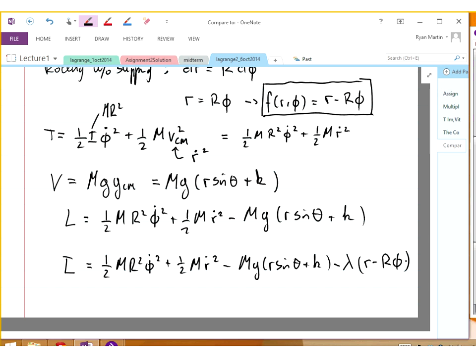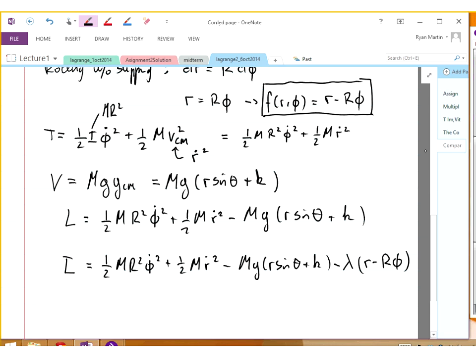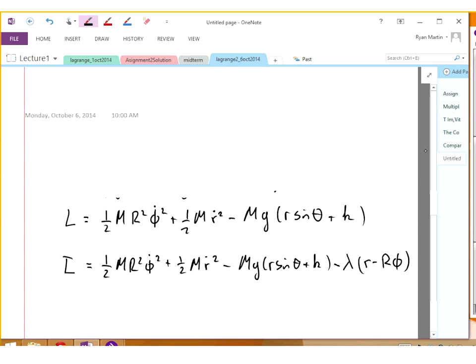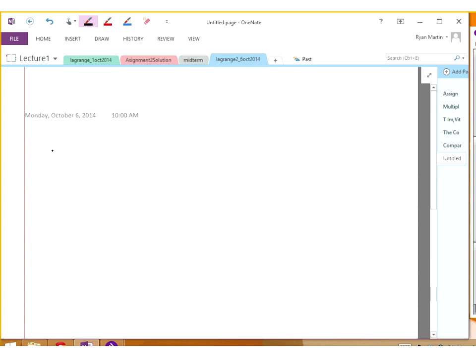So we only have one constraint, so I have lambda 1 f1, the constraint for rolling without slipping, and we put it into our modified Lagrangian. So the next step now is to apply the Lagrange equations. So we need d/dt of ∂L bar/∂qj dot minus ∂L bar/∂qj equal to 0. And we're going to have two such equations because we have qj equals r or phi.